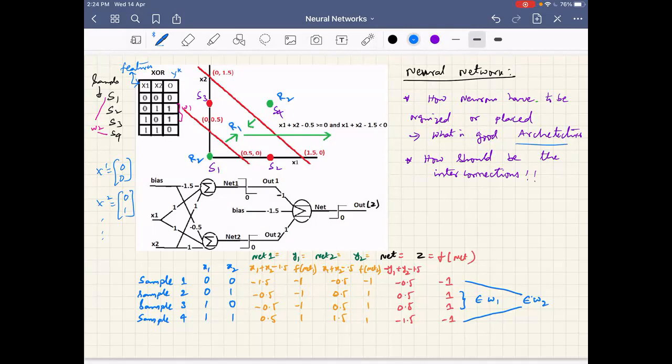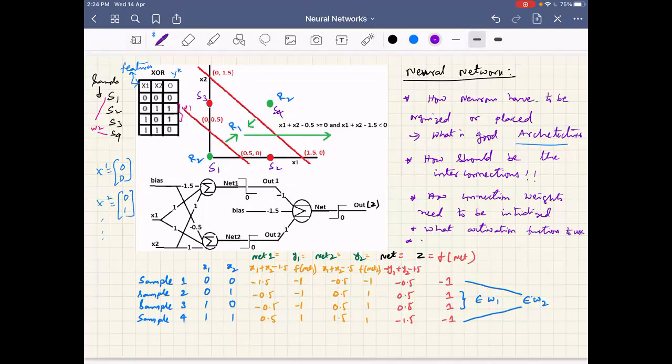And then how the weights should be initialized, how the connection weights, what activation functions or nonlinear functions to use.